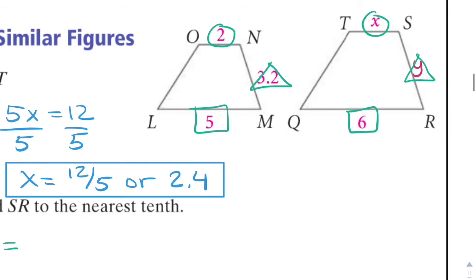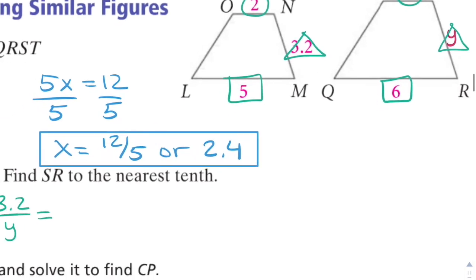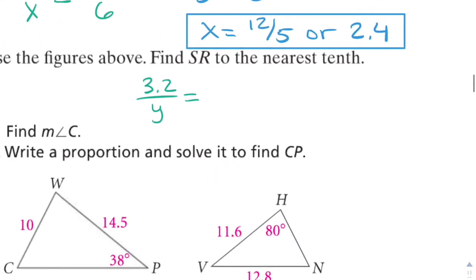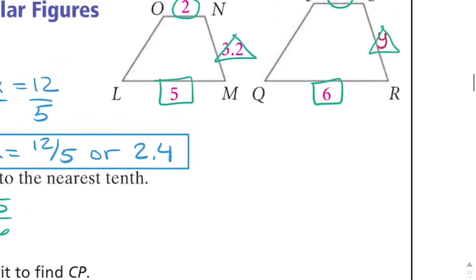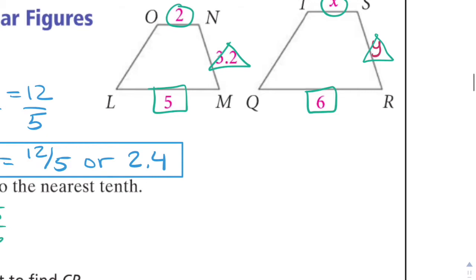Because X is a decimal, let's just use our 5 and 6 again. 5 and 6 is going to come in handy. I can use it for every single one of these examples. So I'm going to leave 5 here and 6 here. So 3.2 is to Y as 5 is to 6.